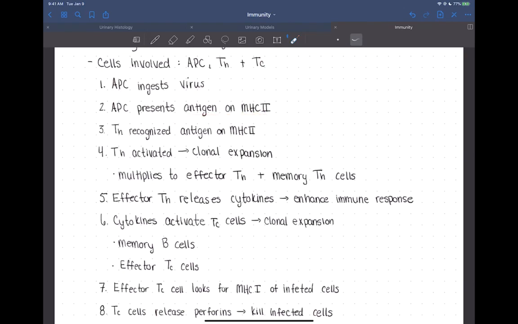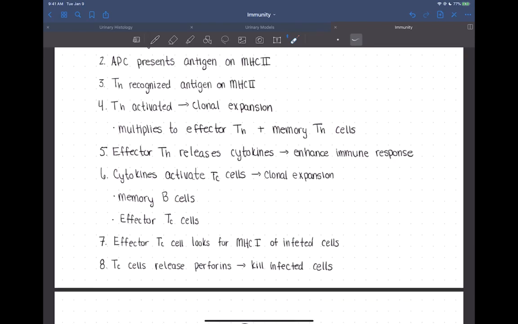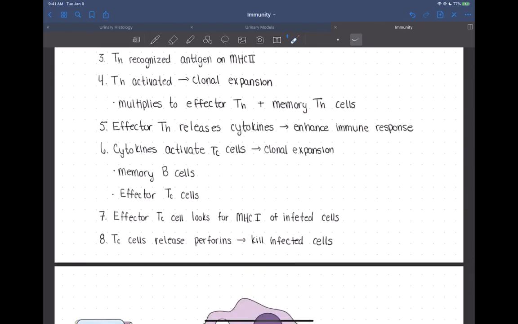It'll take that antigen to a T helper cell, which will recognize that antigen, become activated, and go through clonal expansion. Okay, and so with this clonal expansion, we're going to produce, just like before, our effector T helper cells and our memory T helper cells. The effector T helper cells are going to release cytokines, just like they did with the humoral response.